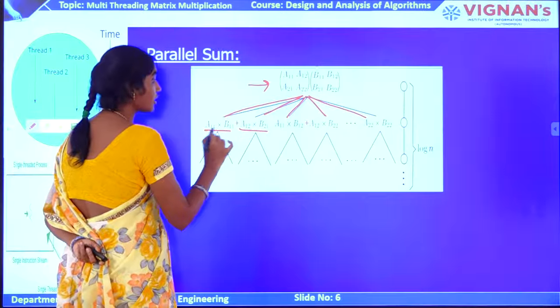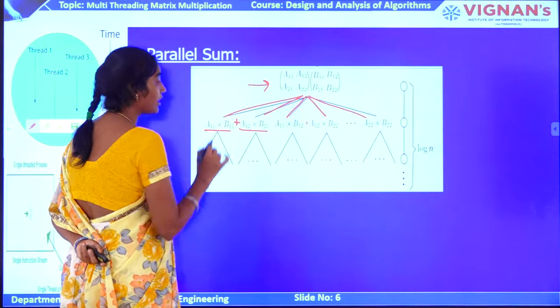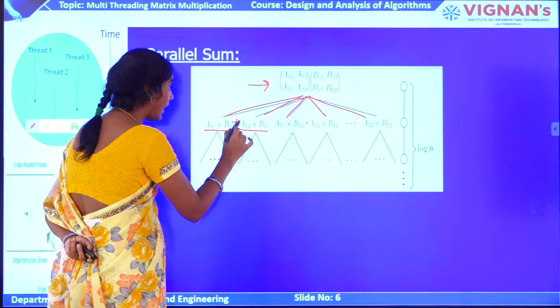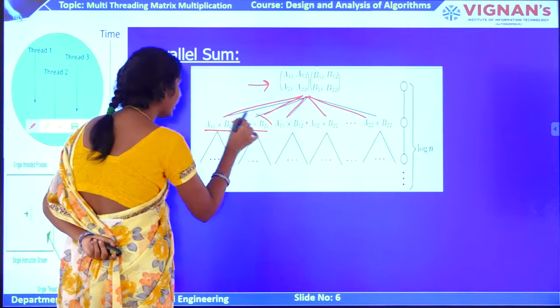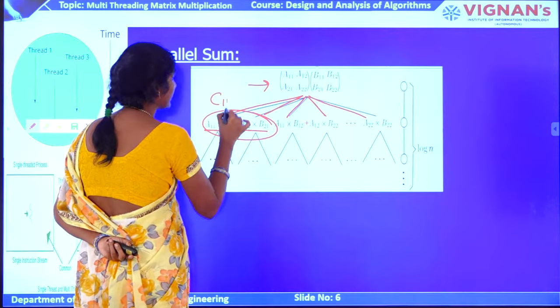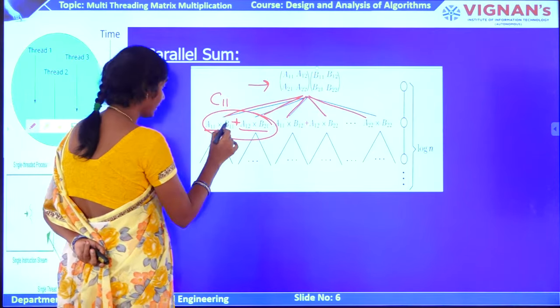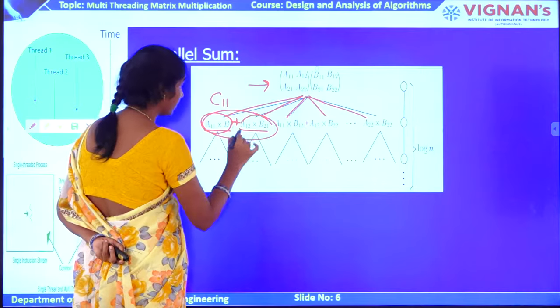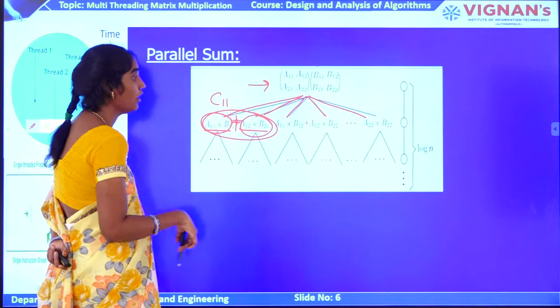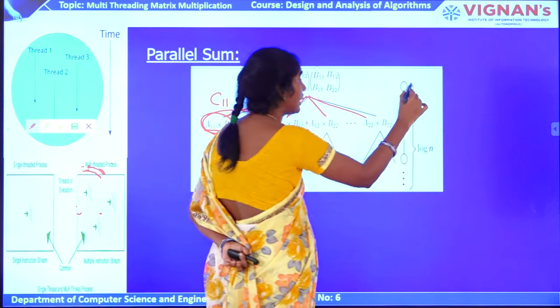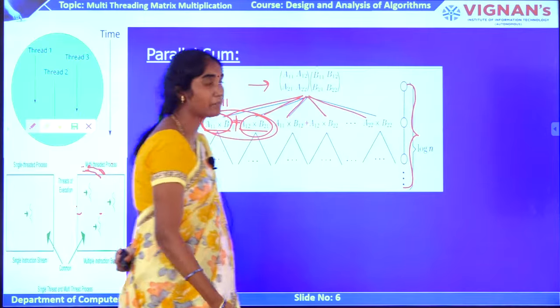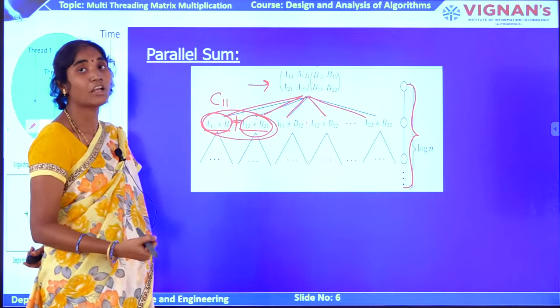After getting these two terms I need to add, then only I will have one term called C11. So multiply this one and add this one. To do all these things I require log n time, whereas previously I required n cube, right.